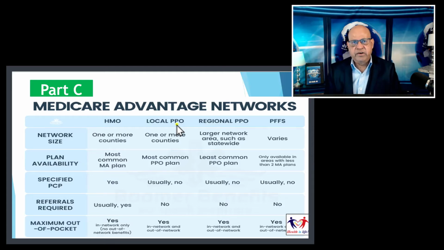That's one advantage with the PPO group. Number two, you can see even doctors outside the network, but when you see doctors outside the network, obviously your copay is going to be quite substantial. You don't need referrals. When you go out of network, you are going to incur maximum out-of-pocket costs.